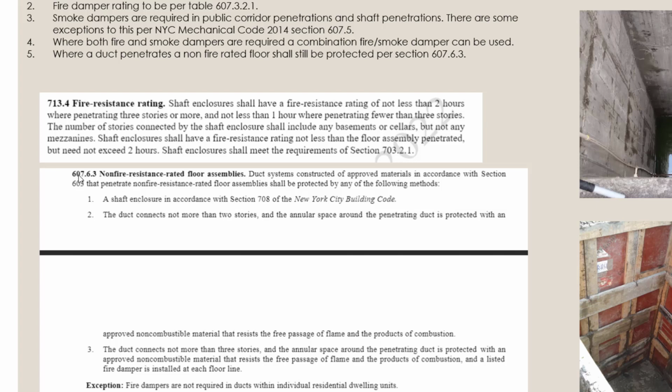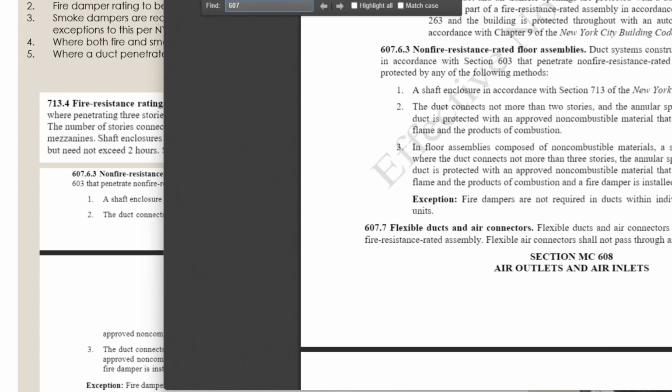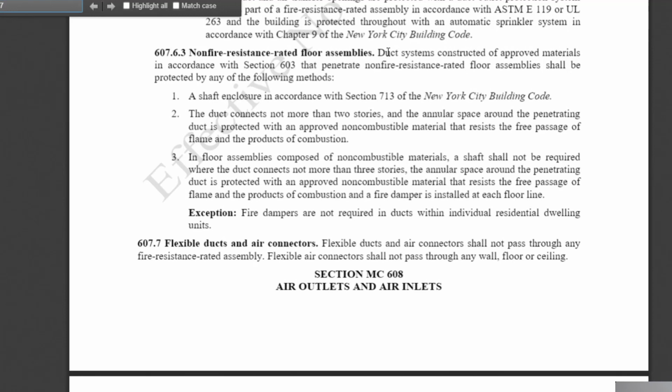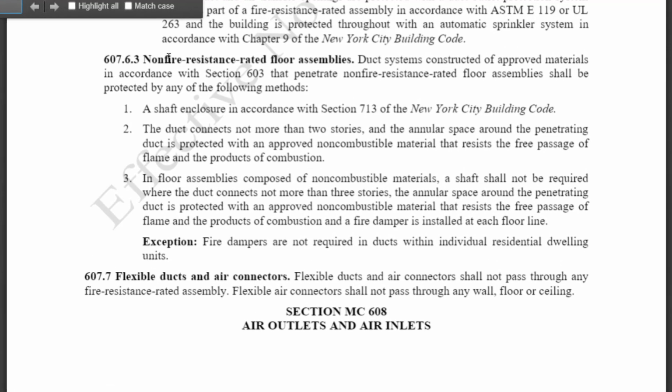So again, this is all part of the New York City Mechanical Code, so you can actually find this section in the New York City Mechanical Code right here, non-fire resistance rated floor assemblies, and the requirements where ducts are penetrating these non-fire resistance rated assemblies.